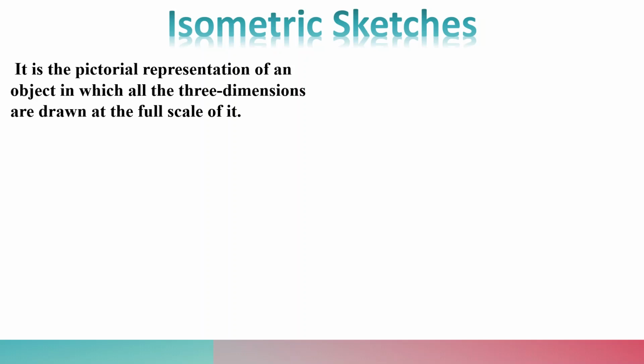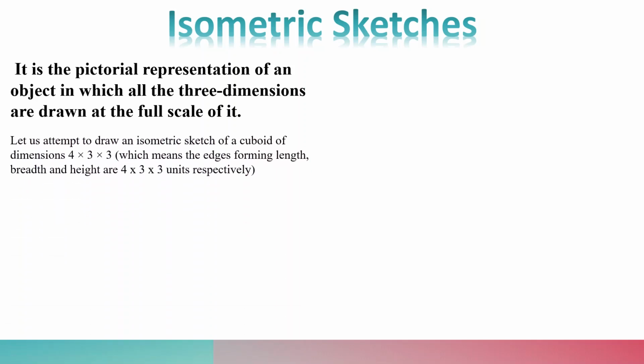Let us try to understand it more easily by taking an example. We will draw an isometric sketch of a cuboid whose dimensions are 4 cross 3 cross 3. That means the length, breadth and height are 4, 3 and 3 units respectively.